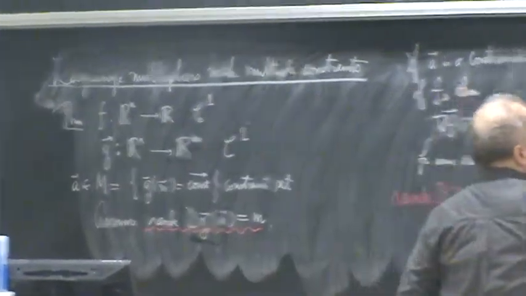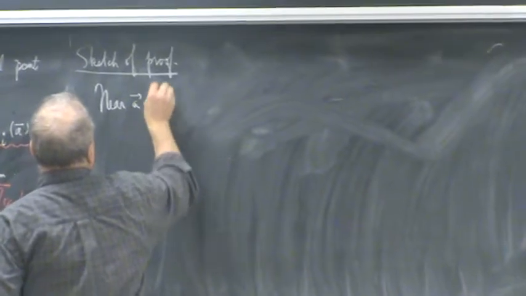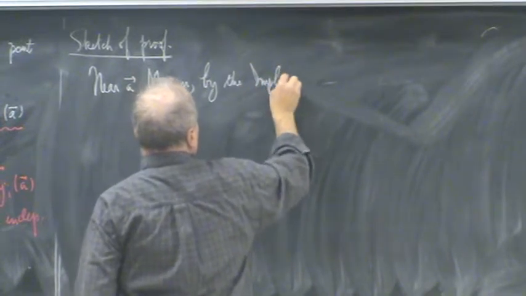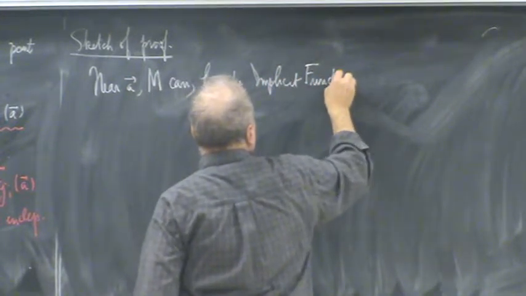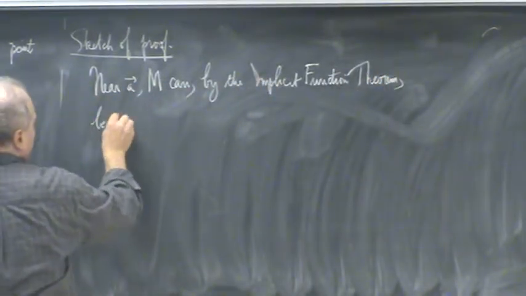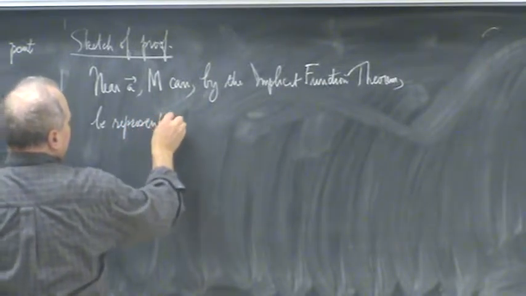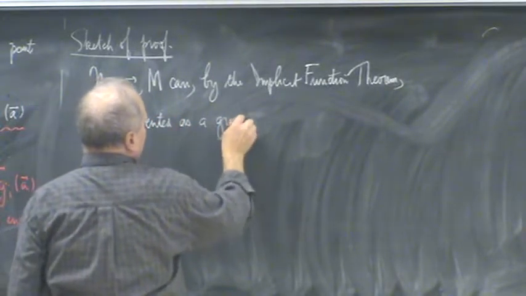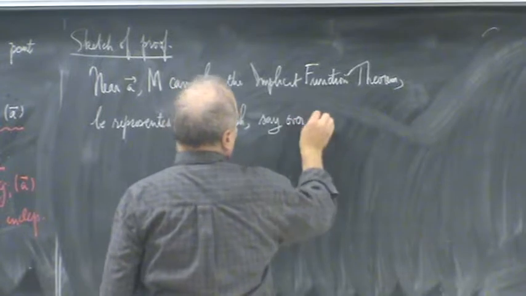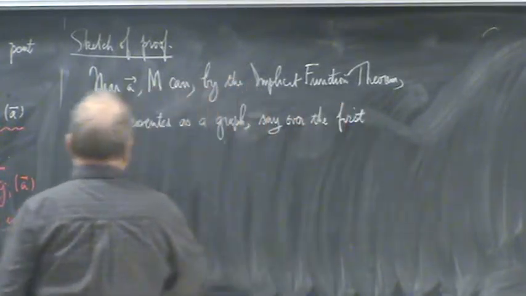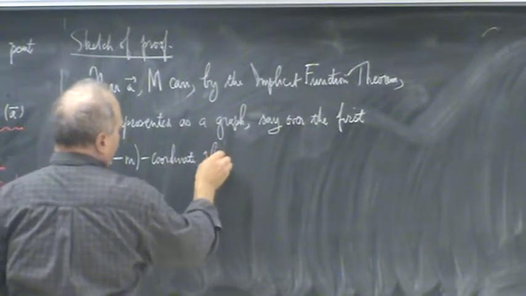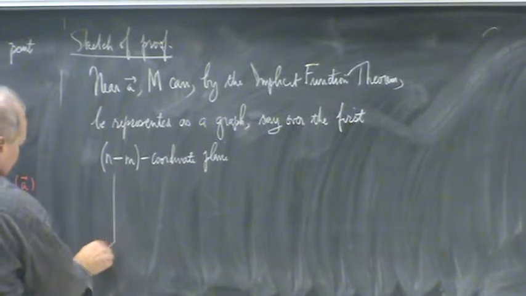So I'm going to say near A, M can, by the implicit function theorem, which we will do in all its glory next semester, be represented as a graph, say, over the first n minus m coordinate plane. So here you are in Rn.